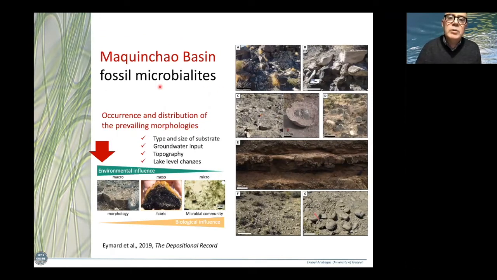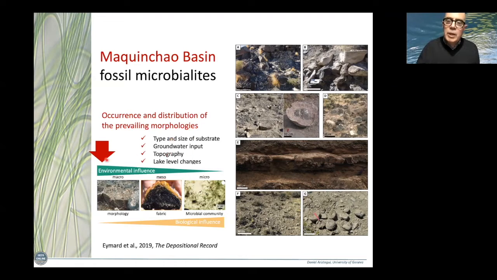and even this part of the presentation, where we concluded that the occurrence and the distribution of these morphologies, or the different types of morphologies that you see here in some photographs, depend on the type and size of substrate, on the groundwater input, the topography, and on the lake level changes.